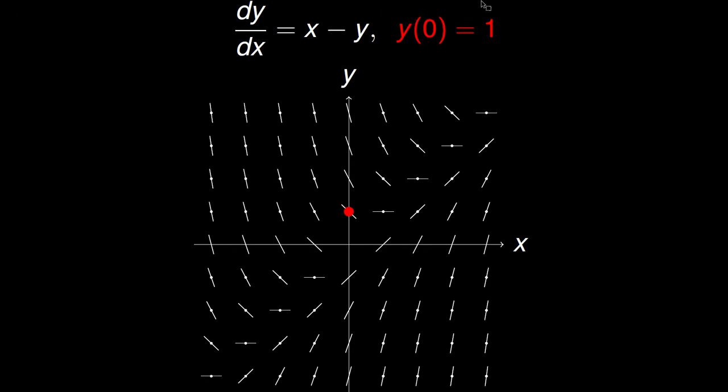The idea is to follow the lines of this direction field to get a geometric interpretation of what that solution happens to be. And if we follow along the direction field here, it looks like this is what the solution would look like to this first-order initial value problem.